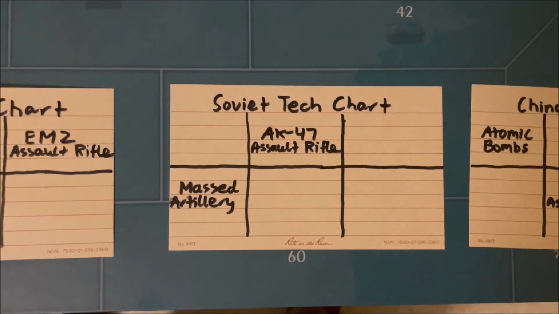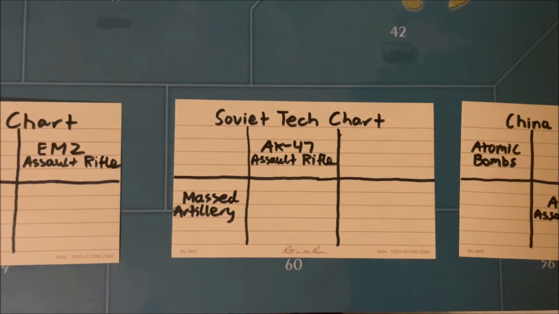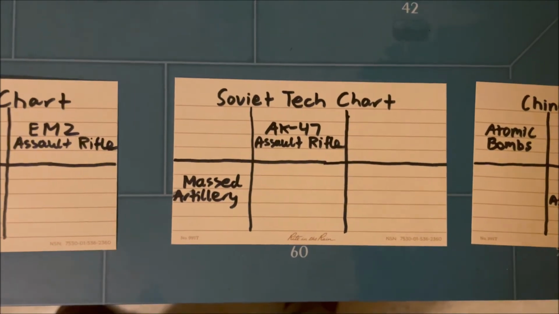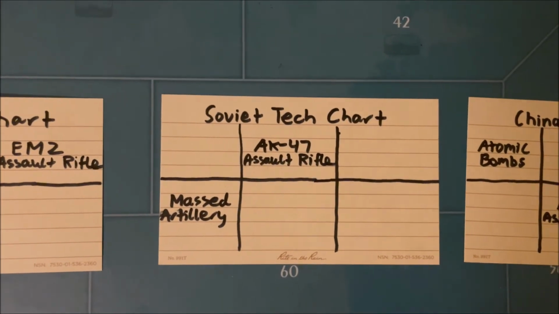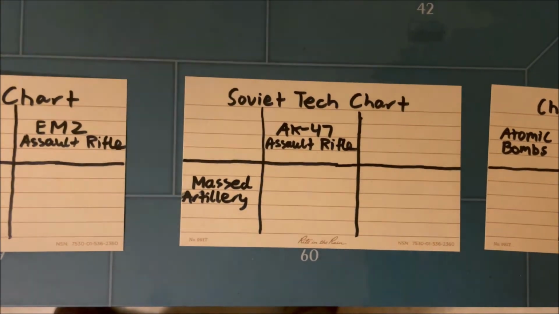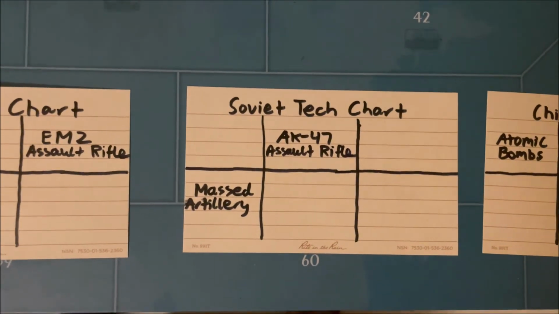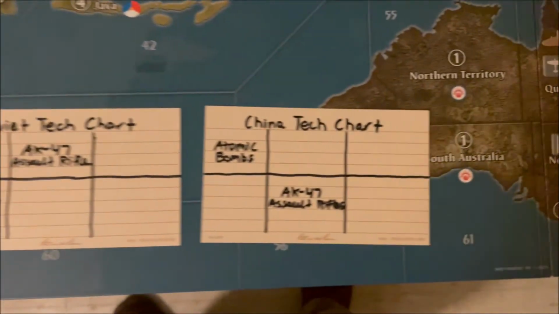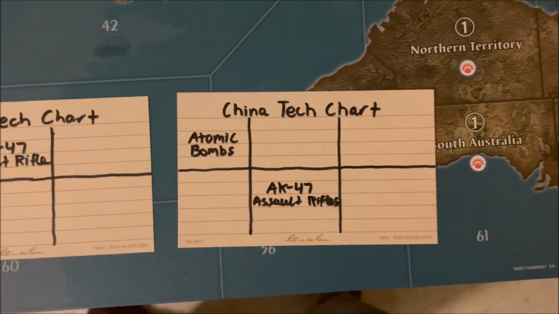What massed artillery will do is if you have 4 or more artillery attacking in the same territory, all that artillery now has an attack value of 3 to simulate Russia's favorability to using artillery a lot, as we all know.